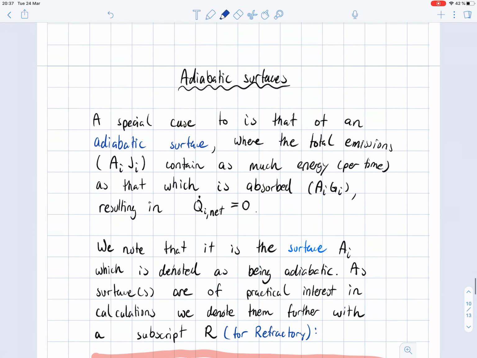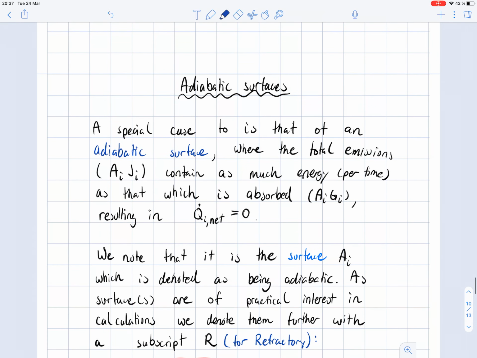Now a particular case is that of an adiabatic surface. The adiabatic surface has the property that the total emitted energy per time, AIJI, contains as much energy, again per time, as that which is absorbed, AIGI.